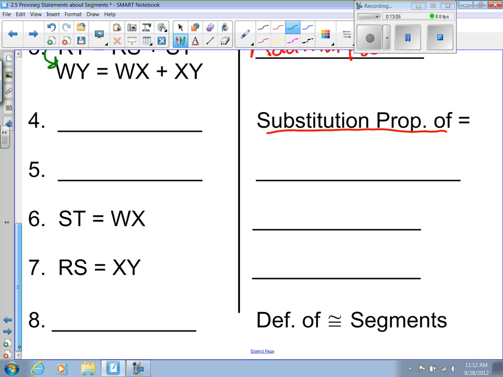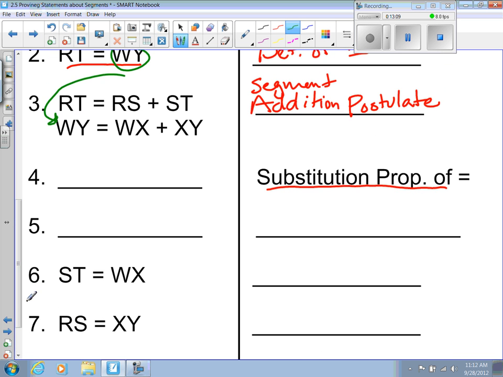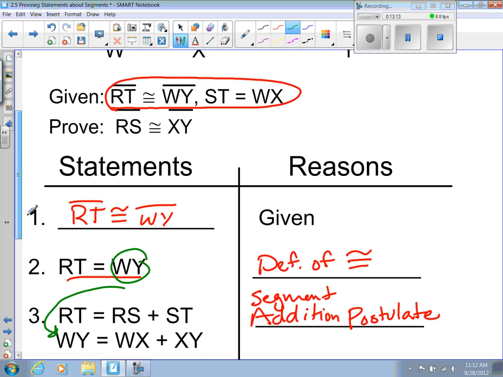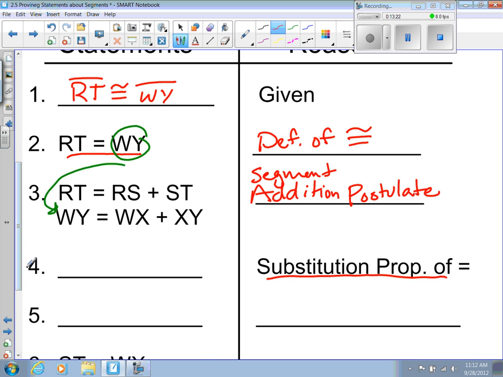We want to get down to our final congruence thing, but we want to get to segment RS being congruent to segment XY. So by doing this substitution, and this is where it just takes practice, I'm going to be able to say RT equals WX plus XY.